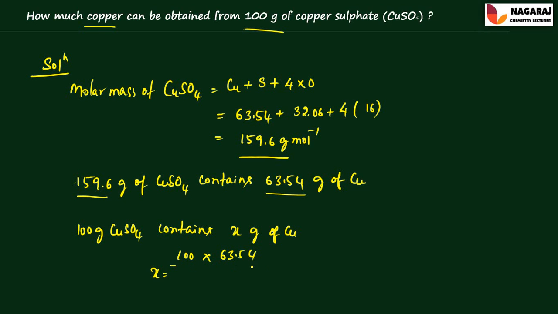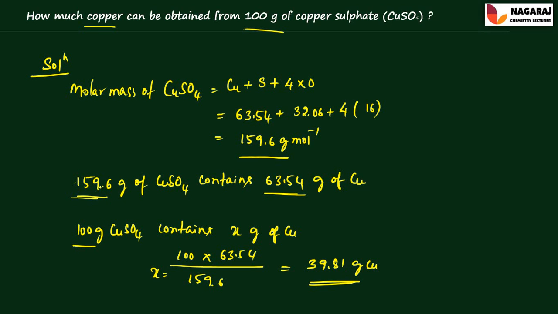X is equal to 100 grams into 63.54 divided by 159.6. So on simplification it gives 39.81 grams of copper.